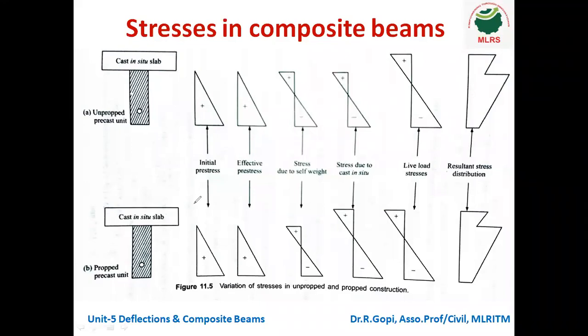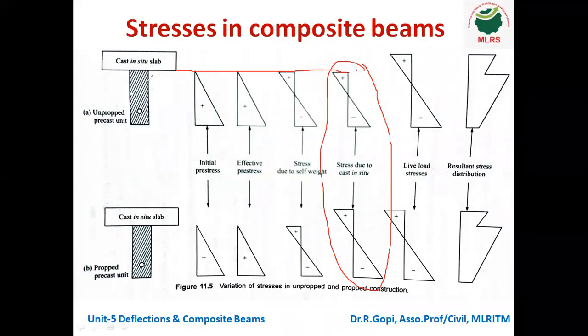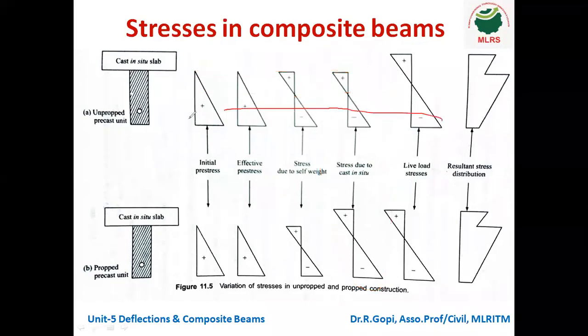This is the small difference; all other diagrams are the same. Because the dead load is taken by the beam only, the stress starts from the bottom of the slab or top of the beam. The live load stress is the same, and the resultant stress is the summation of all these values at the top and at the bottom.